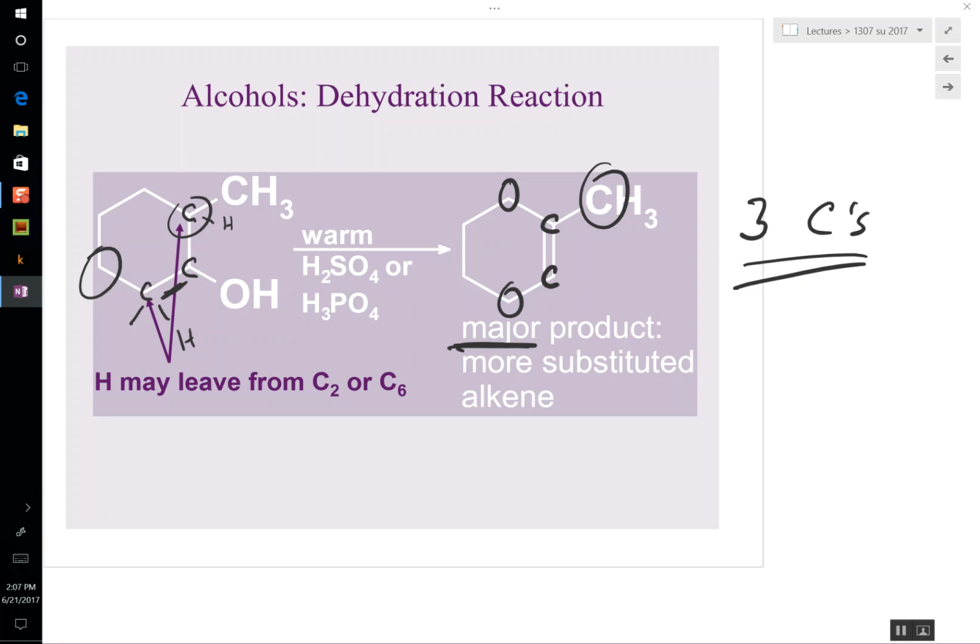Go ahead now and do problem number 4. You got 3 molecules there. They're all alcohols. I'm sorry, I don't have a lot of room, so don't feel like you have to write out the whole reaction. If you want to, make a small little drawing of that alcohol and then draw next to it the major product, it's going to be an alkene.